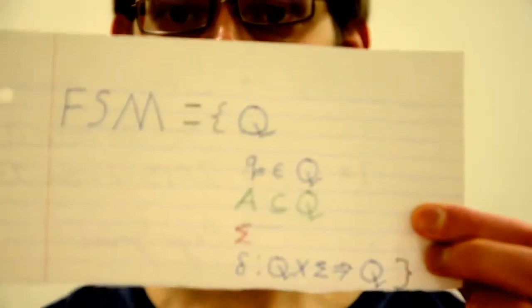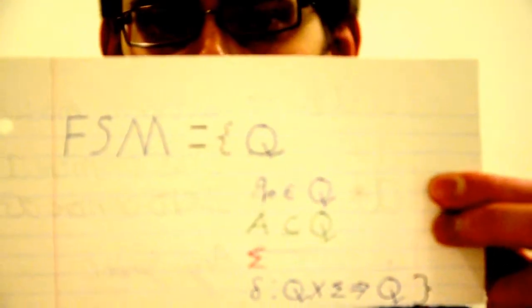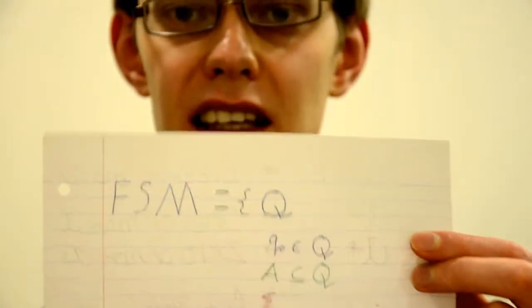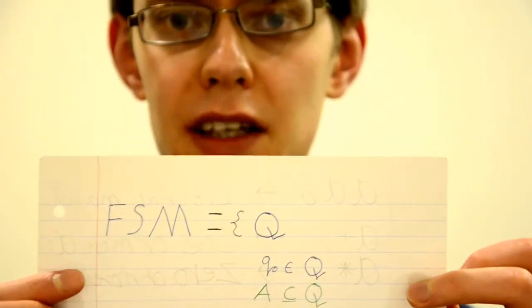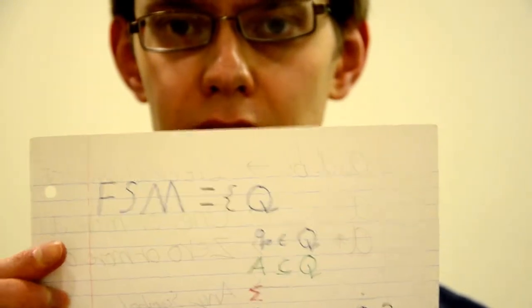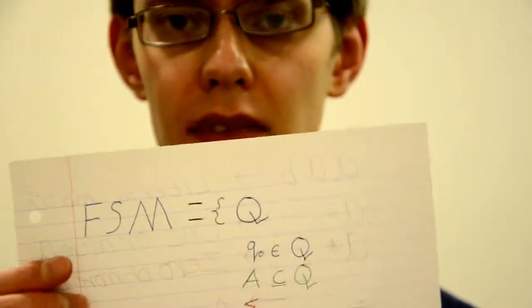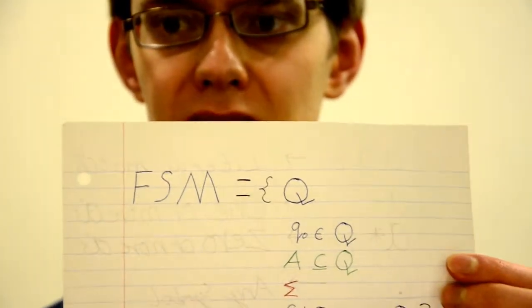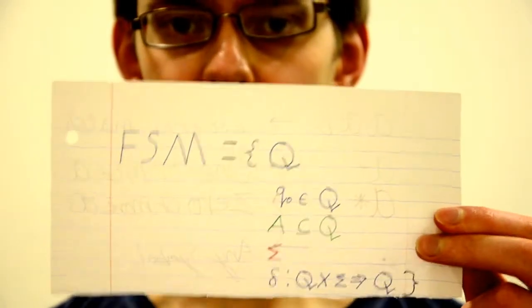Now these are typically defined as pentuples, defined by these five properties, which I will explain now. Firstly, there is a set of states that the automata can be in, and these will correspond to every state that the automata will move into as it runs through execution.